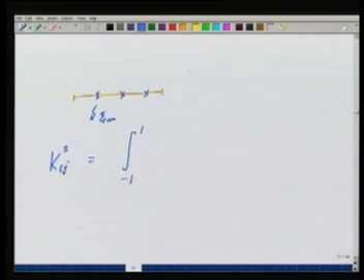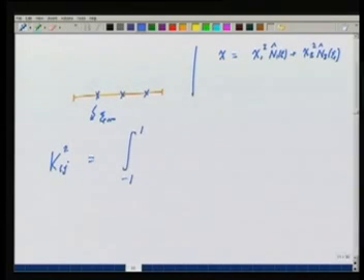The mapping remains the same, that is x is equal to x1 of element 2 times N1, the linear N1 of element 2, plus x2 of element 2 times N2 of element 2, which will actually be written in terms of psi, in terms of N1 hat, which is a function of psi, and N2 hat, which is a function of psi. So the rest of the procedure remains exactly the same.